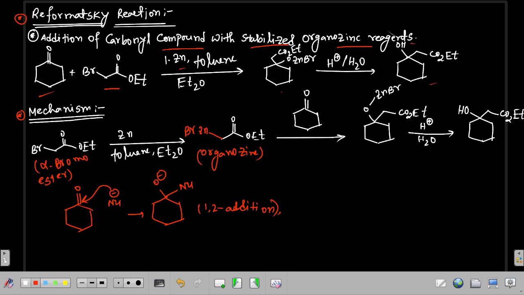This organozinc compound will react with this carbonyl compound by this 1,2 attack, and it will form this OZnBr. If we do an acid workup, then it will give this hydroxyl here and the ester.